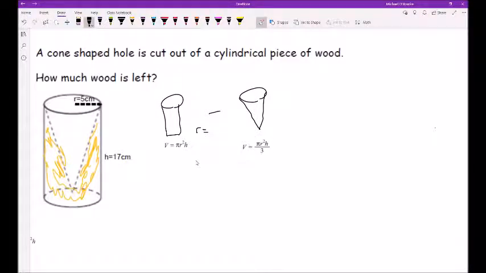You guys tell me? What's the radius of this cylinder? Good. And what's our height? Hello? What's our height for this question? Nicely labeled, h equals 17. Good. All right.